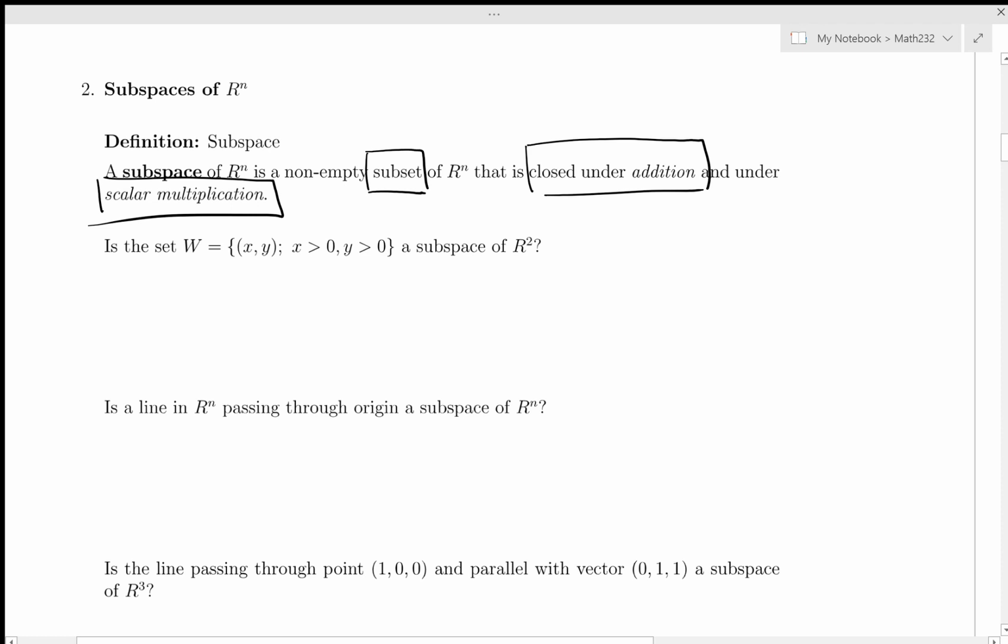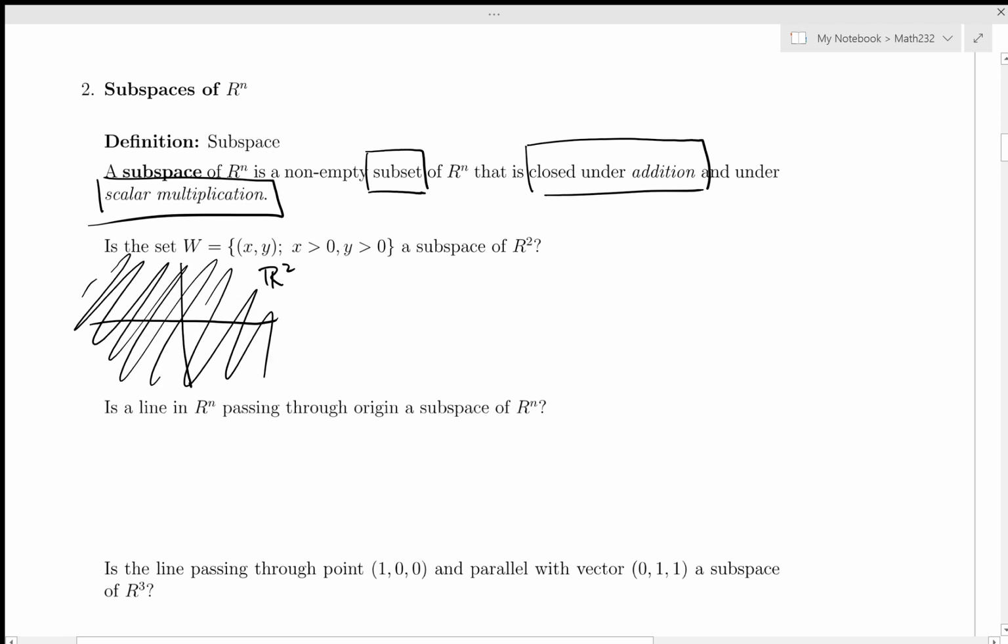So then here's the question. We have a set, all of the vectors x, y, where x is greater than 0 and y is greater than 0. Let's just draw a picture. We're asking, is it a subspace of R2? First let's draw what R2 looks like. R2 is all of the vectors in here, right?